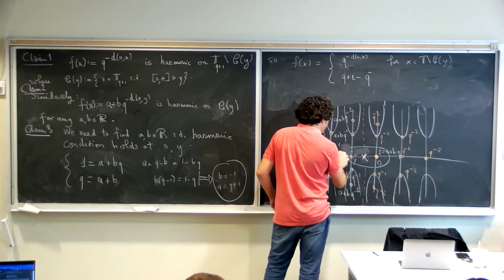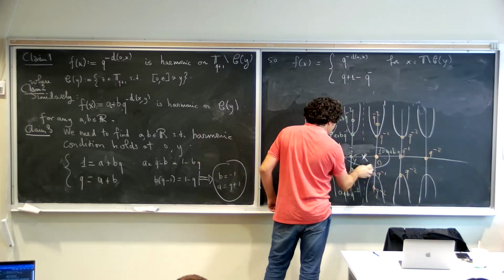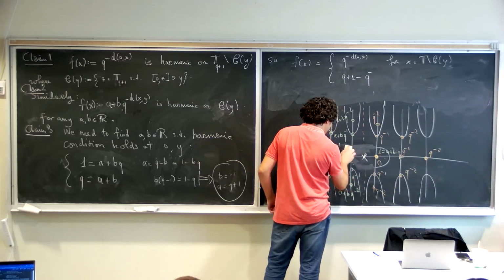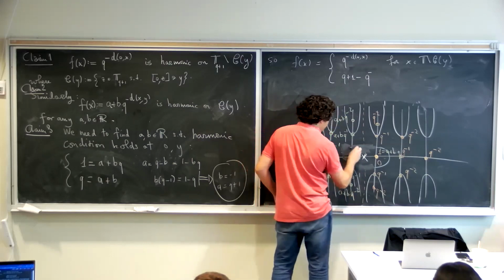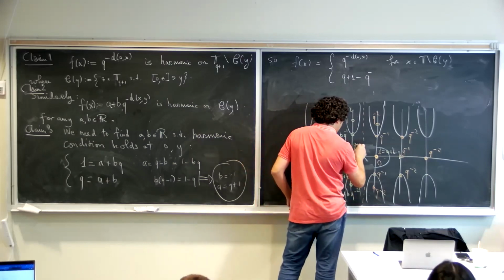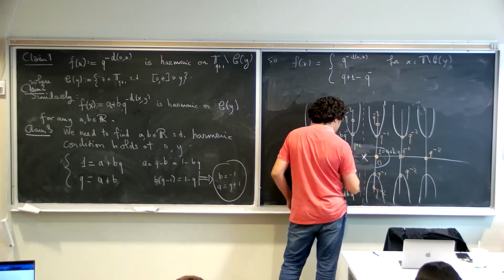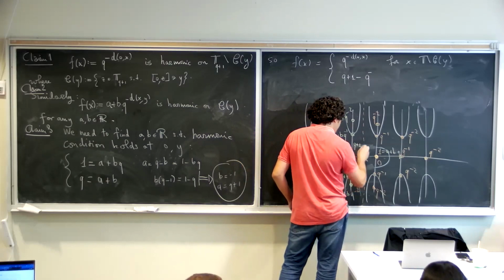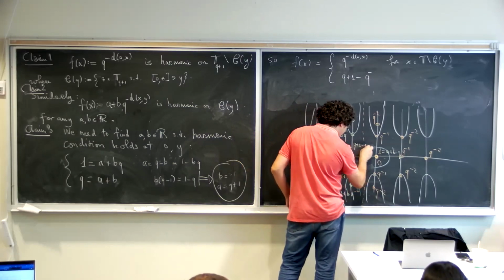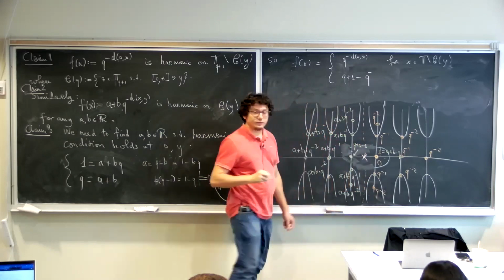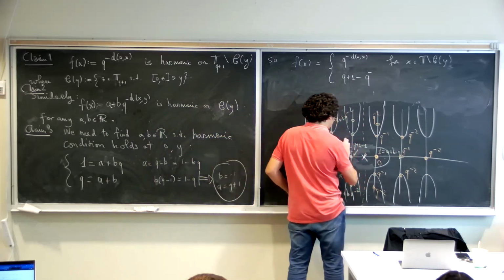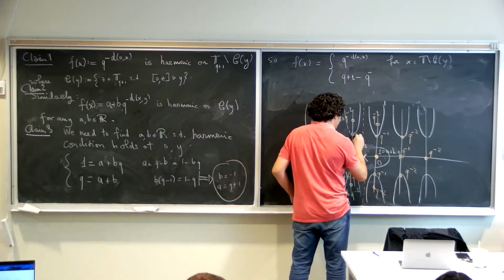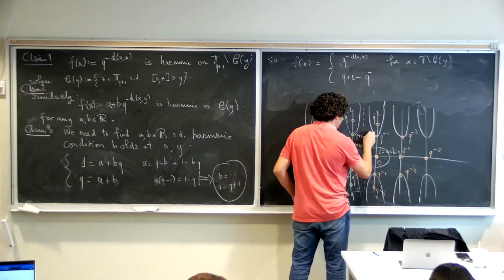So what is the value here, for instance? Right. So the value here would be q plus 1. So it has to be q plus 1 minus 1, because it has to be q. And then the next one has to be q plus 1 minus q to the minus 1.